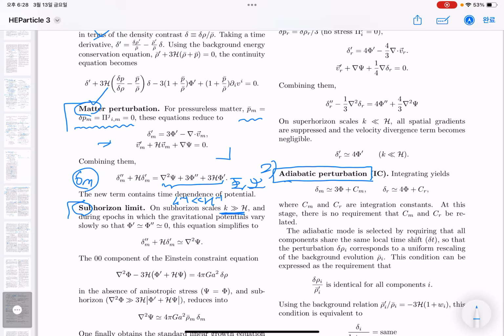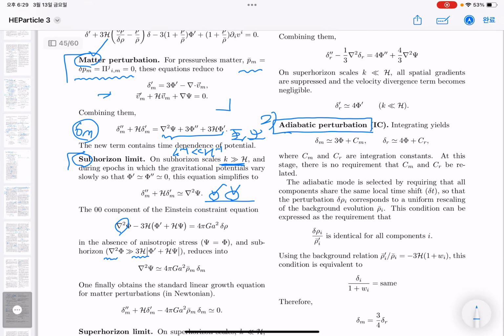Then this means that we should retain their scale because the k mode is larger than the Hubble scale, but in this regime the gravitational potential is almost static, so that we can remove the time derivatives of the potential on the right hand side.